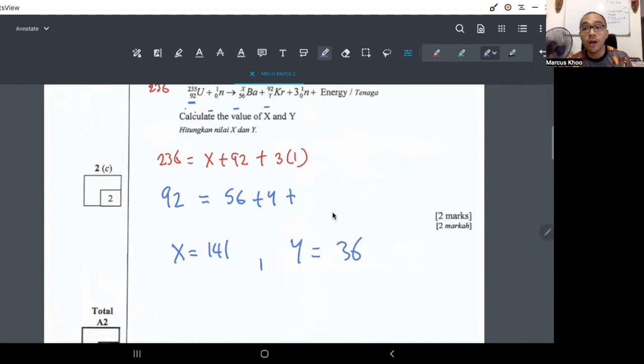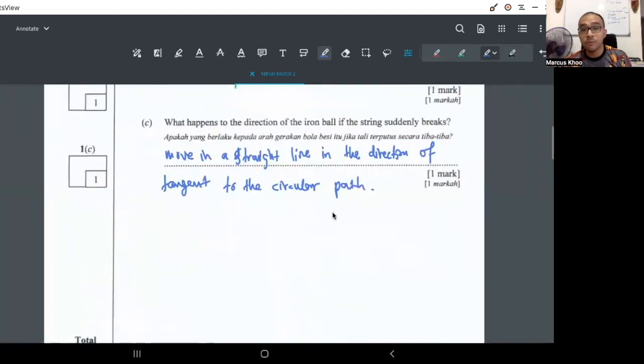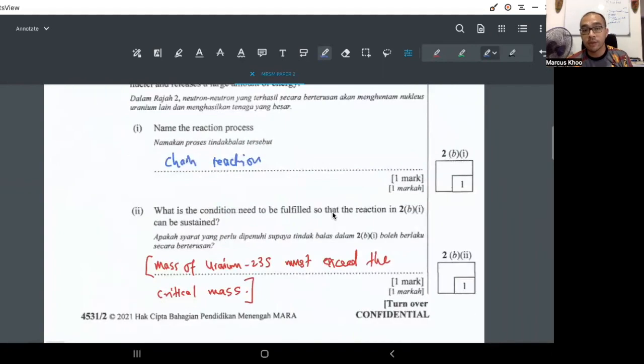It's just that so far we have seen 2 questions where the answers are pretty specific. The tangent one, it moves in a straight line in the direction of the tangent to the circular path, and secondly, the mass of the uranium-235 must exceed the critical mass. Now, this uranium-235 may change.